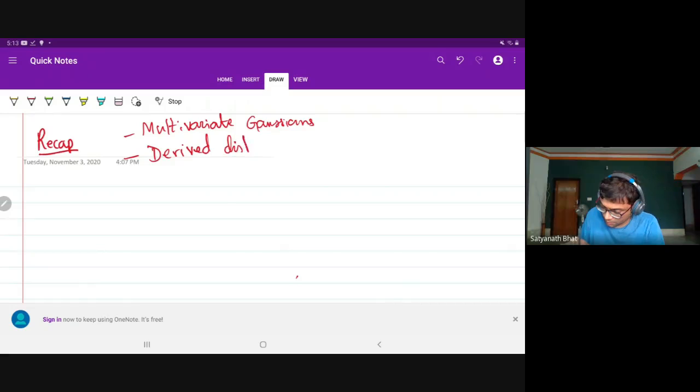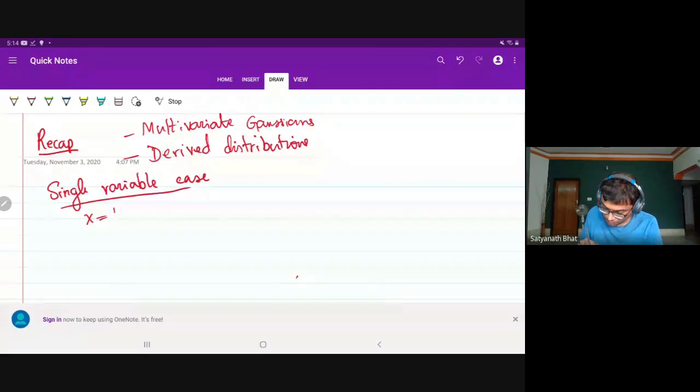In the topic of derived distributions, we saw some results, so let me just summarize that. In the single variable case, let us say x is equal to h of y, and x has a distribution given by fx of x.